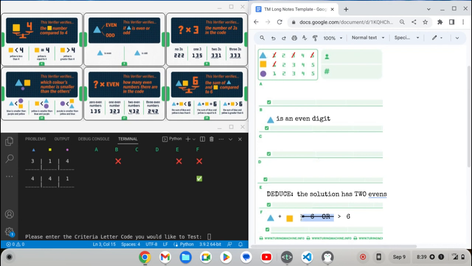Okay, and if it is greater than 6, then we know square cannot be a 2, because 2 plus 4 is 6, and obviously it's got to be greater than 6. But everything else does work. Even the 2 added to 5 does give us a 7, and 3 added to 4 does give us a 7.